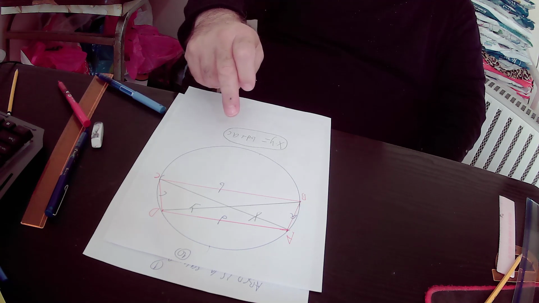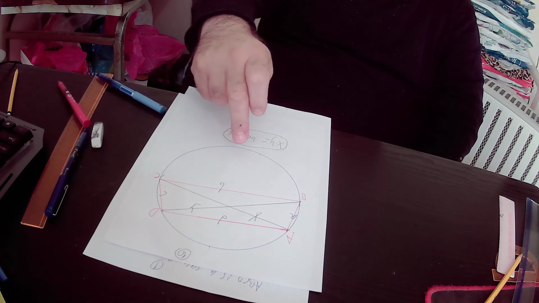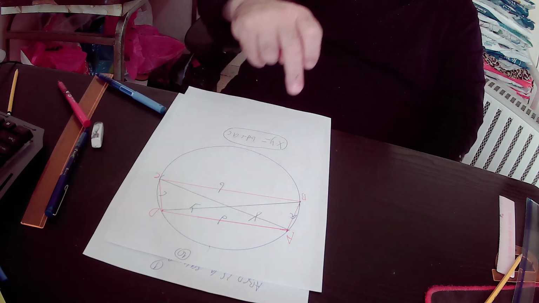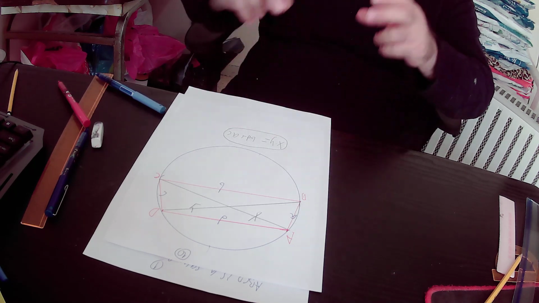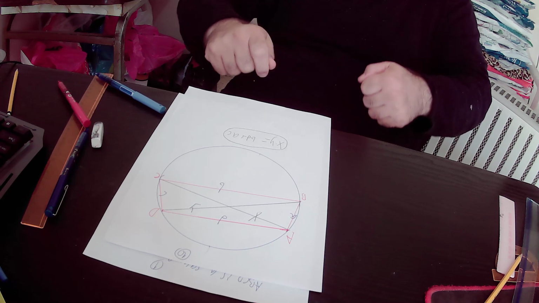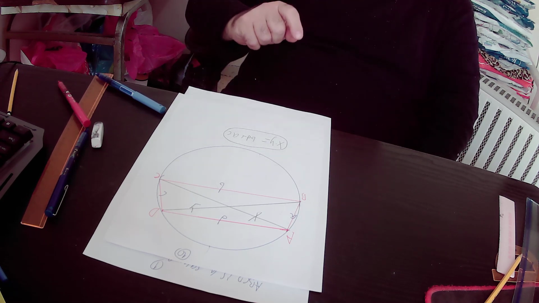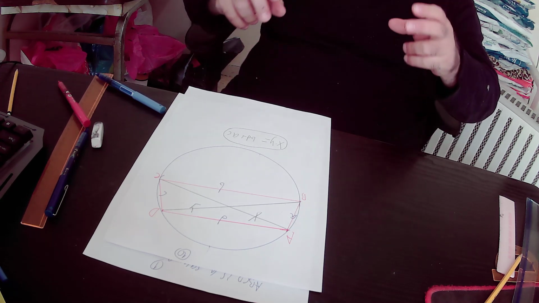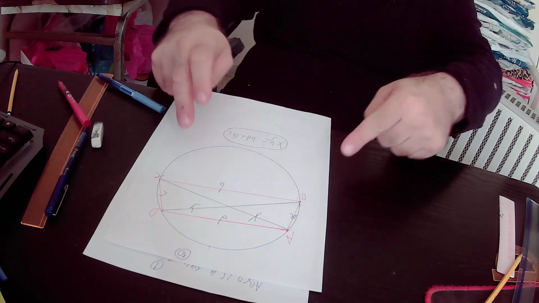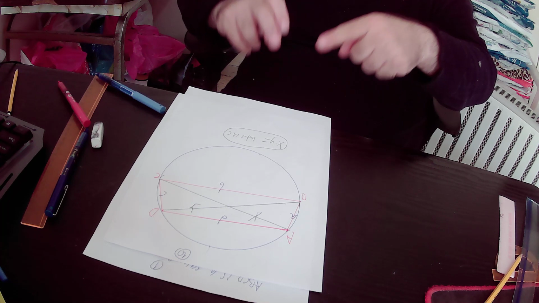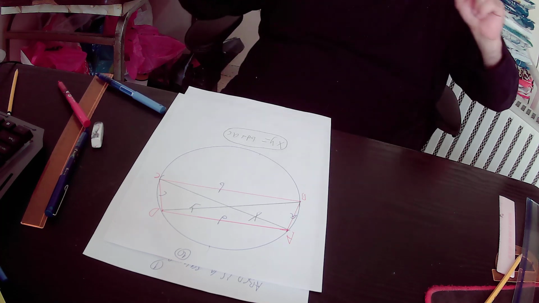The first product of opposite sides is b times d, and the second is a times c, and the sum is bd plus ac. Or in other words, xy equals bd plus ac.